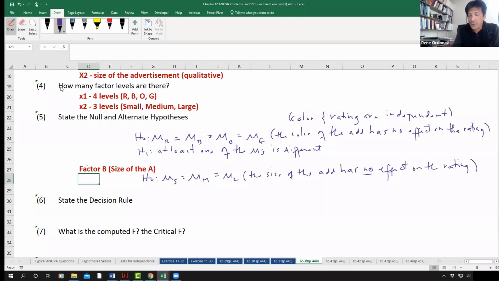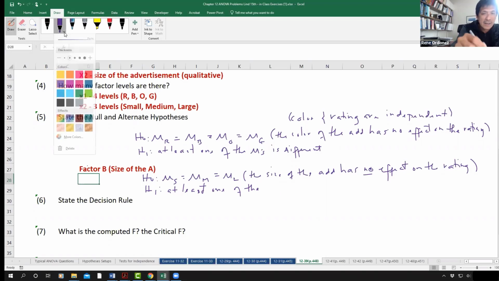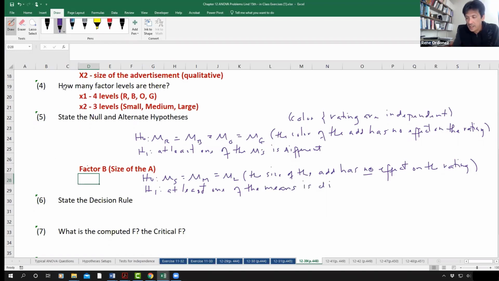And for the alternate hypothesis, we'll say that at least one of the means is different.